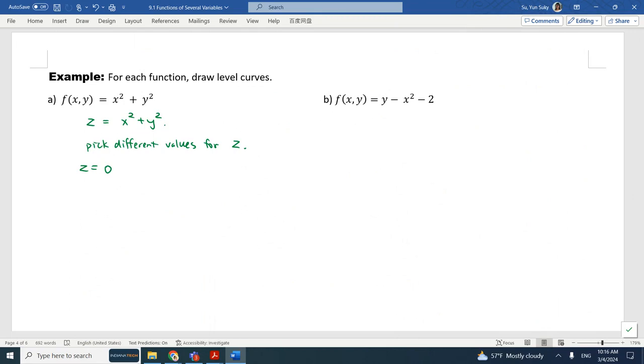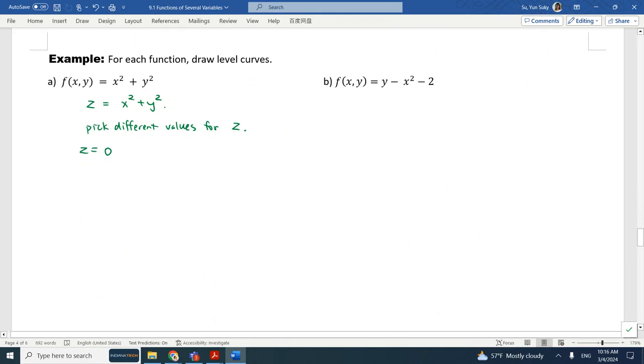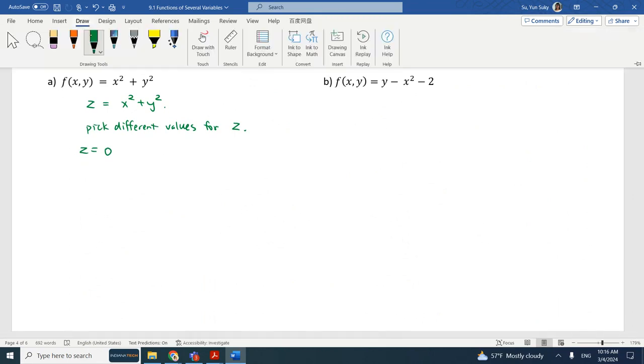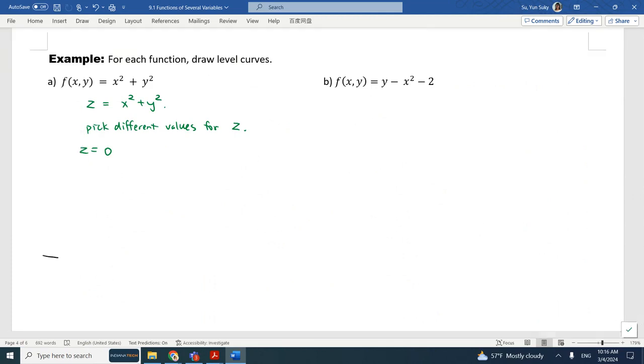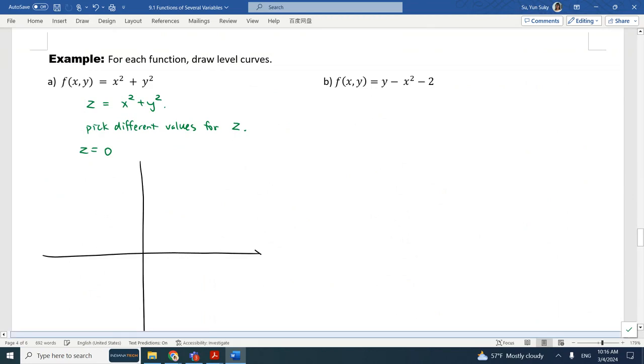So the smallest z is 0. And if z is 0, you get what? A single point, right? Yeah, 0, 0. So when z is 0, we're at 0, 0. This corresponds to z is 0.